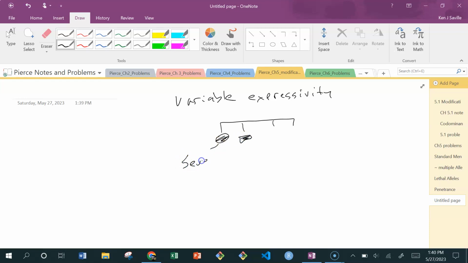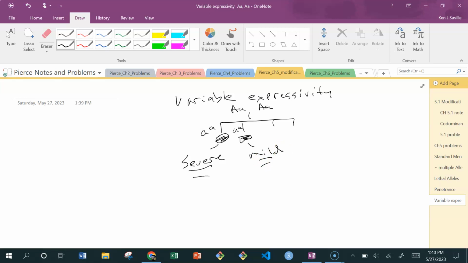So this is severe, and this person has a mild case of the disease. And that's the case with most diseases. Even if it's cystic fibrosis, for example, let's say you have cystic fibrosis running in a family, and we know that both of these people have the disease, but this person has very much worse symptoms, and this person has much more mild symptoms.